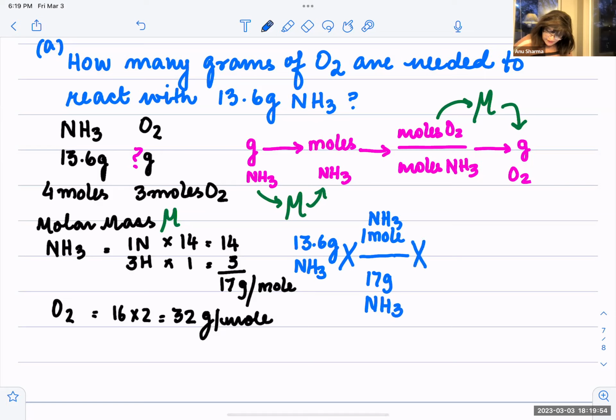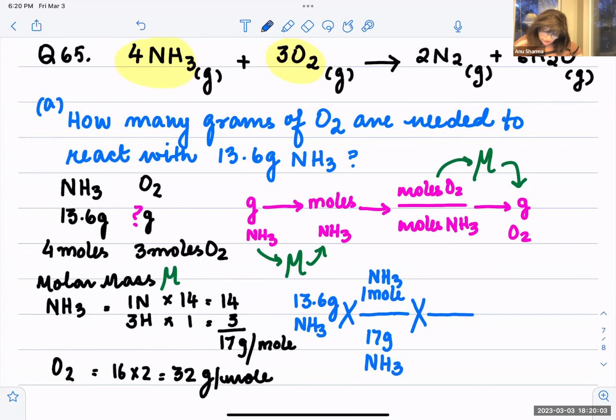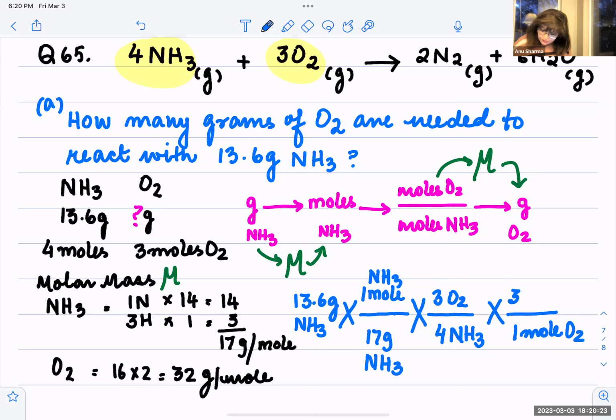Then you multiply that by the mole to mole ratio, which according to the reaction is 3:4. So 3 moles of oxygen over 4 moles of NH3, ammonia. Multiply that by the gram conversion: 1 mole of oxygen is 32 grams of oxygen, O2.